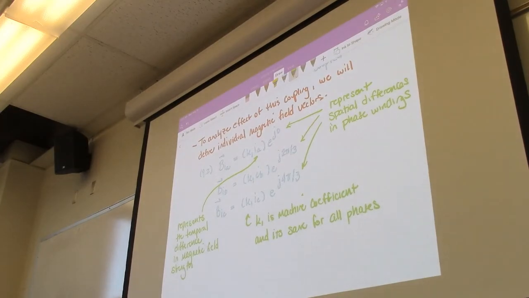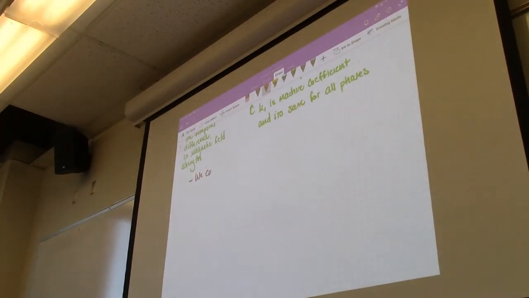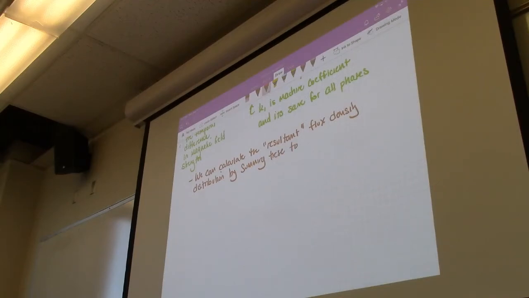All right. So now what we can do is calculate what we'll call the resultant or the equivalent flux density distribution by summing these together.